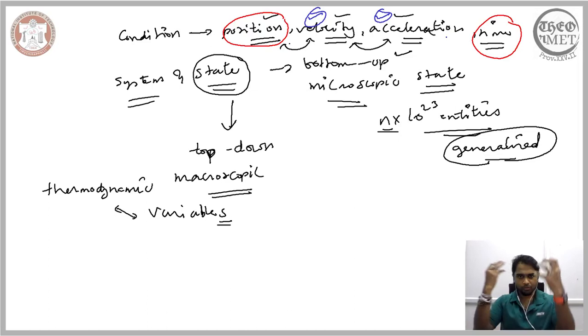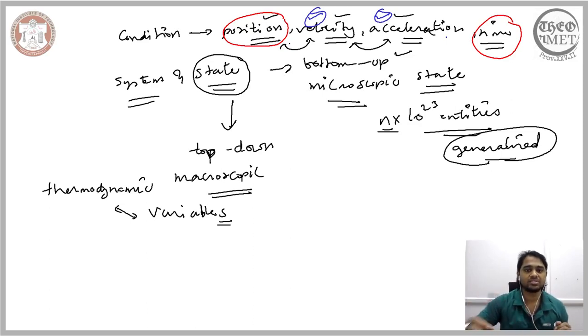Even though your object might be moving, or behaving rather erratically, exhibiting different velocity at different points, if you are able to understand its position and time, you will be able to estimate its velocity and acceleration. So in order to define a condition, you need not know all the individual variables, you just need to know the independent variables.